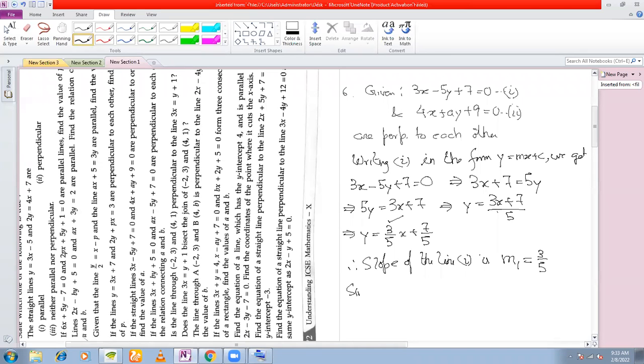Okay. Similarly, from 2, again write equation 2 in the form y is equal to mx plus c. So we have 4x plus ay plus 9 is equal to 0. That means you get ay is equal to minus 4x plus 9.